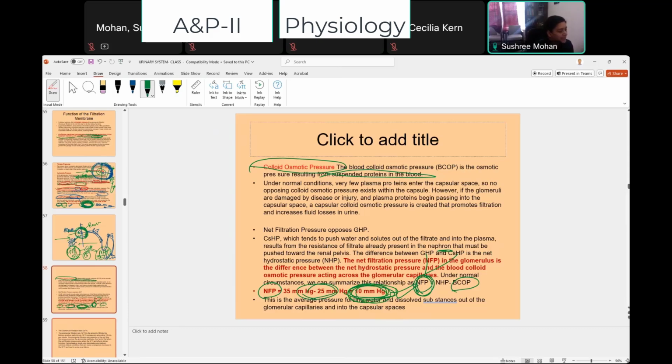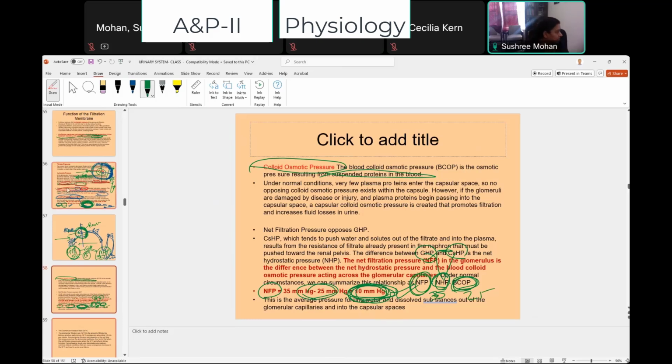Sorry, this is the net hydrostatic pressure, NHP. We got it by subtracting this and this, net hydrostatic pressure, minus the blood colloid osmotic pressure, the opposing pressure given by solutes in the blood. When you subtract these two, 35 minus 25, what you get is the net filtration pressure, that is 10.